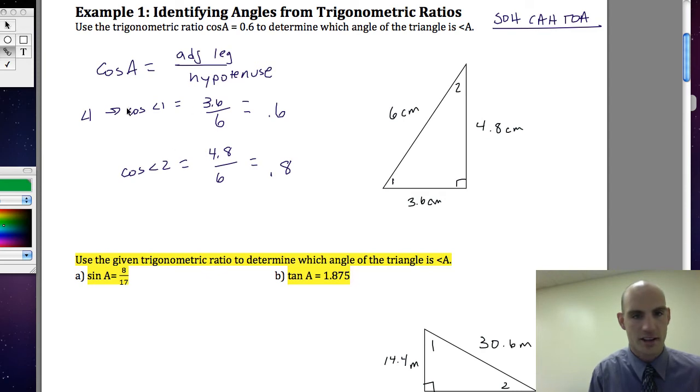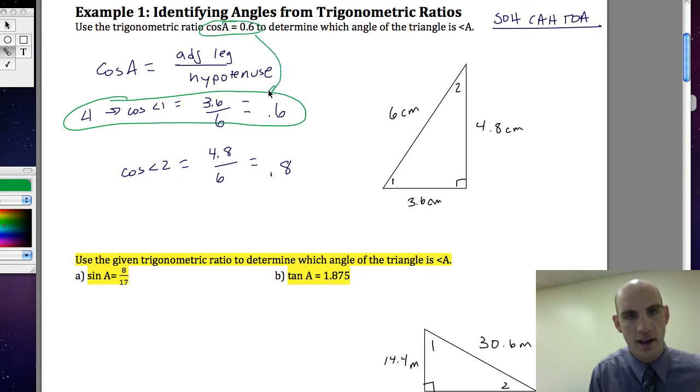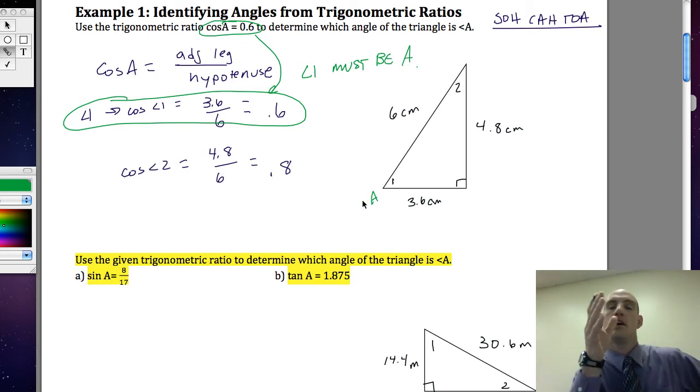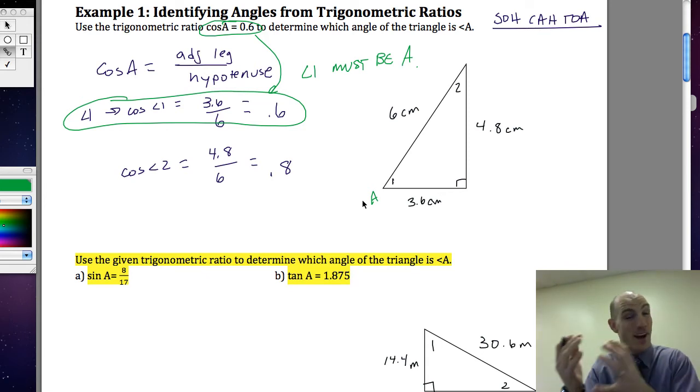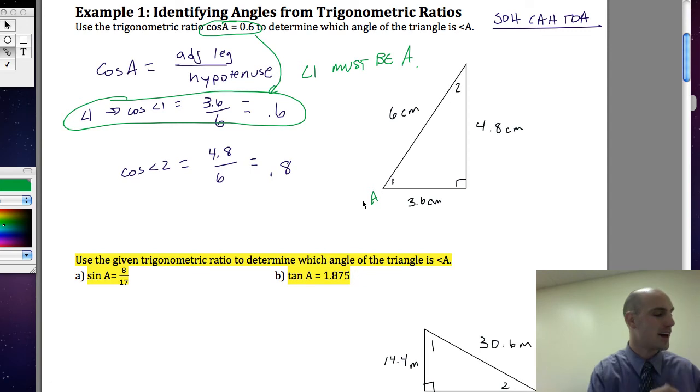So obviously I can see that if the cosine of A is equal to 0.6, then angle 1 must be A. I can label it A. Do you see how that worked? If I'm given an angle, I can find the cosine, and that's okay, because if I can find the cosine, we're going to see in just a minute how we can use that to find a side length.